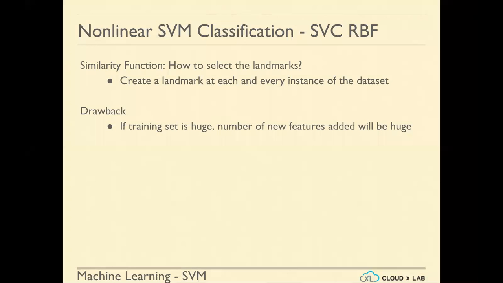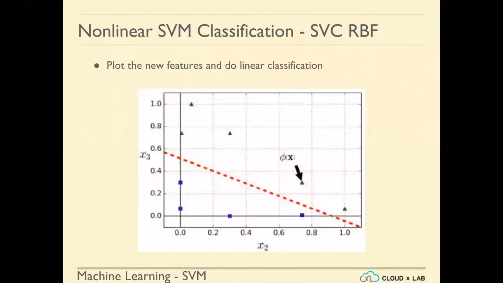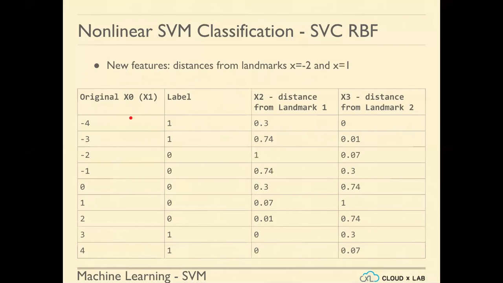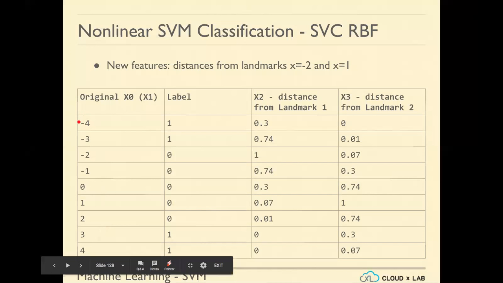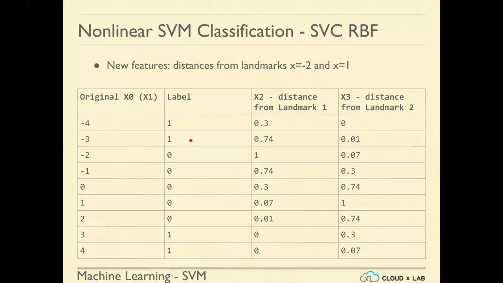A question from Abhinav: if we choose as many landmarks as features, the number of features and number of data points will be the same. Here, we had X naught, and let's say it has 9 features. We'll make this a landmark, and that will create one more column.